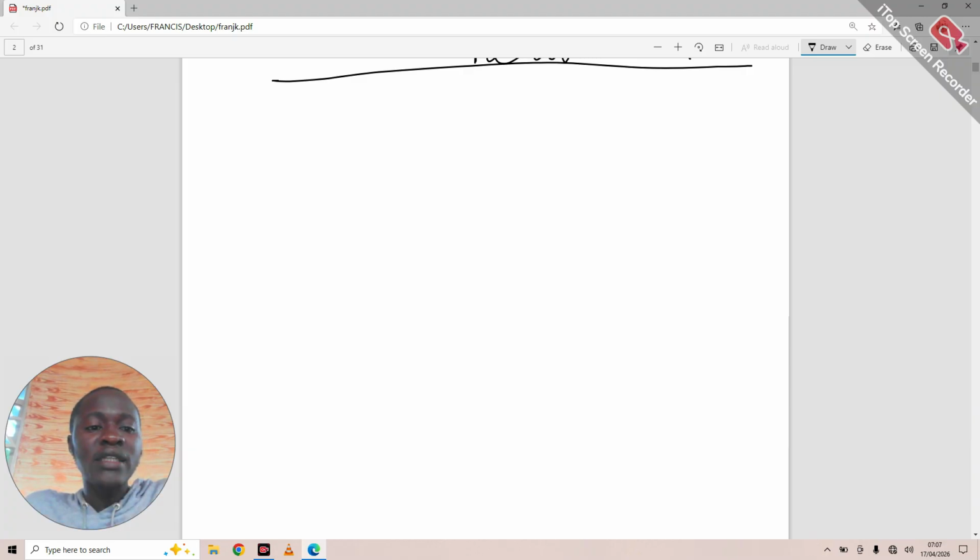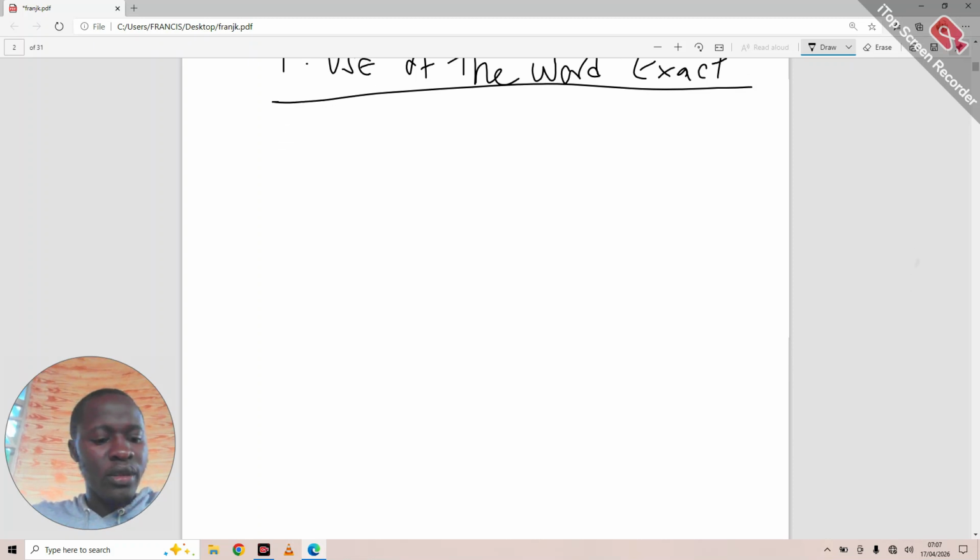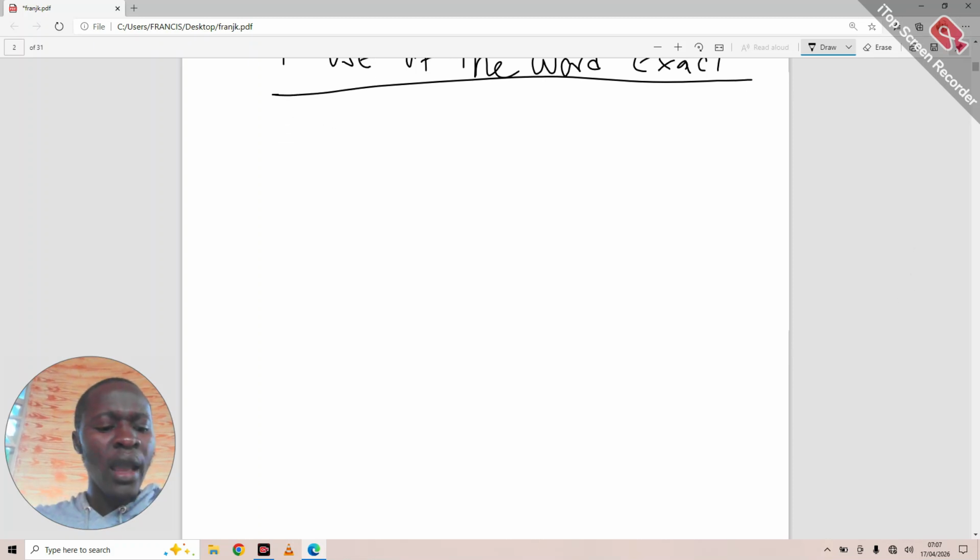The width of a rectangle is exactly 60 centimeter, but its length is 65 centimeter. Calculate the absolute error in getting its area.